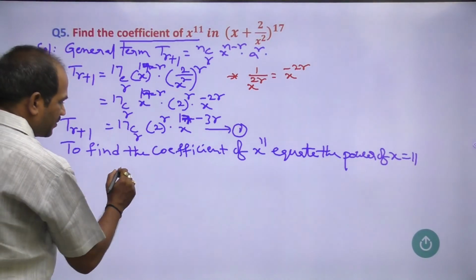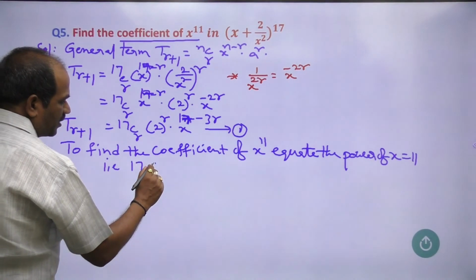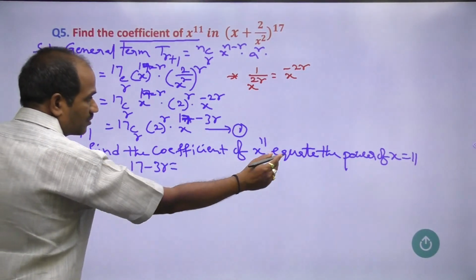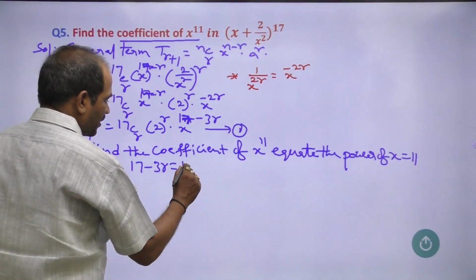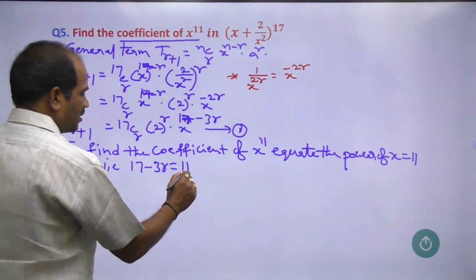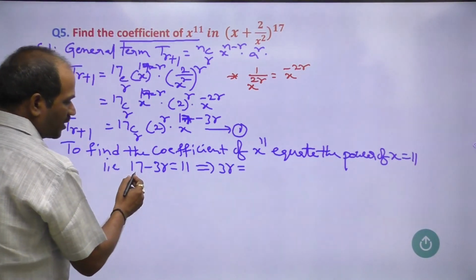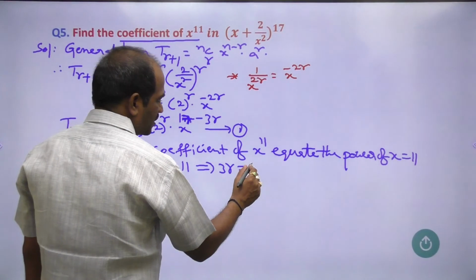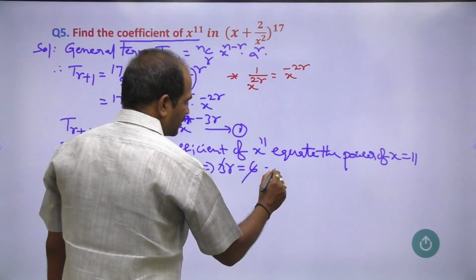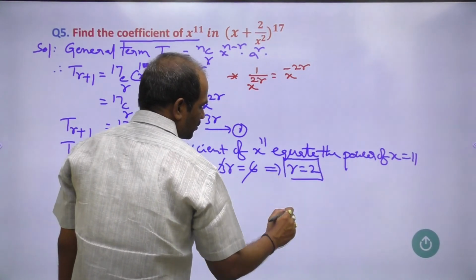In this, the power is 17 minus 3r, so 17 minus 3r is equal to 11. That implies 3r is equal to 17 minus 11, that is 6. So 3 twos get cancelled, and that implies the r value is 2.